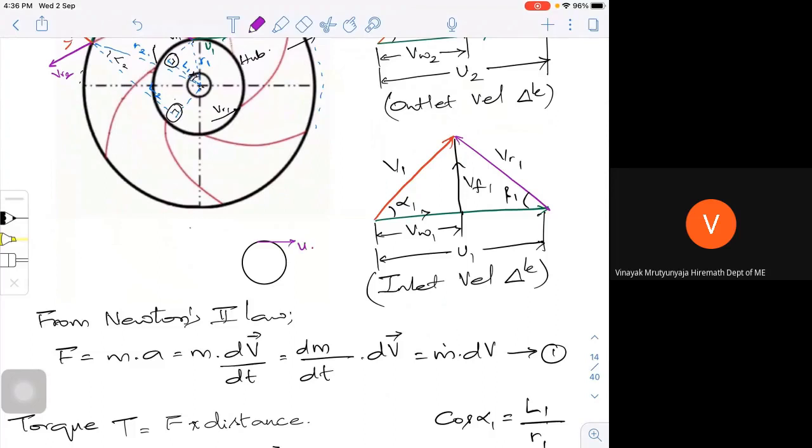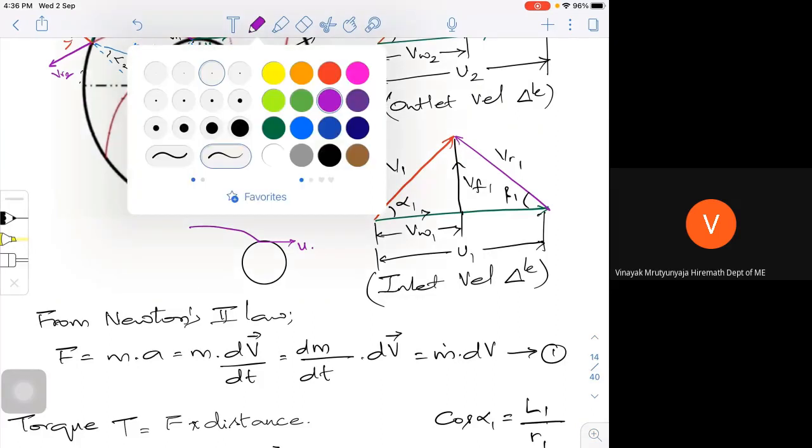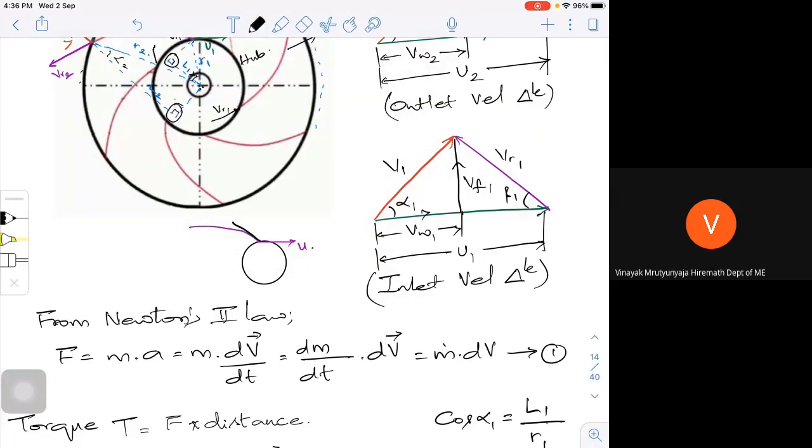This is my blade, and I can draw the VR like this. This is my VR. I will shift my VR like this, so it becomes VR1, of the same magnitude. Then this will be V1. Now it follows the velocity triangle principle. I'm just drawing to a particular scale.